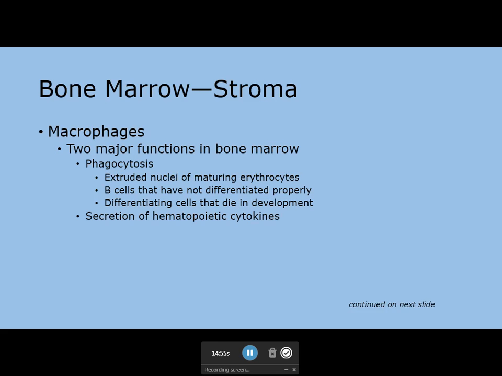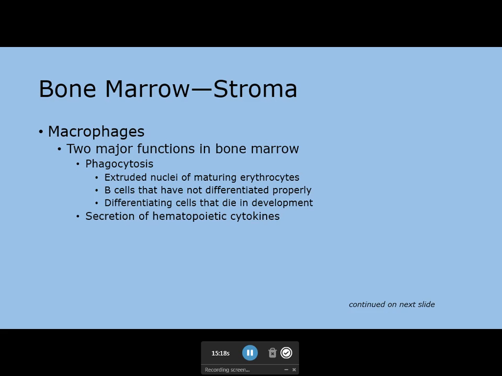So basically what happens is this cell goes into mitosis and it divides, but it's a really unique mitosis that's only with hematopoietic cells. Usually by the time we get down here, we've got two cells that are identical.